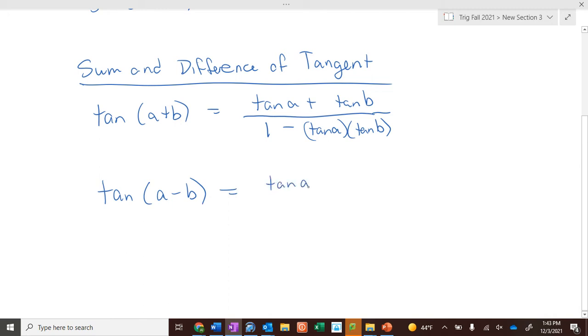So it's the tangent of A minus the tangent of B over 1 plus the tangent of A times the tangent of B.